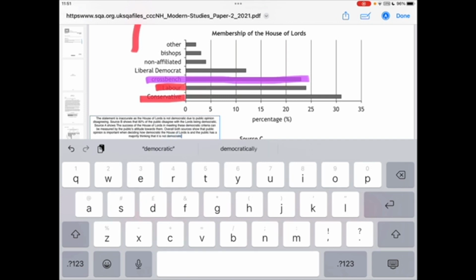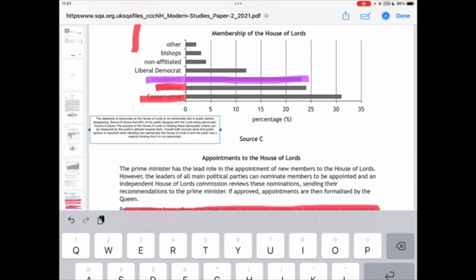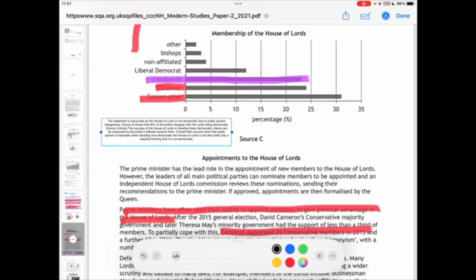Because it is a majority. It's not really a significant majority. It's 60%. I'd say anything over 65% would be a significant majority. So it is just a majority. So that is a model paragraph.